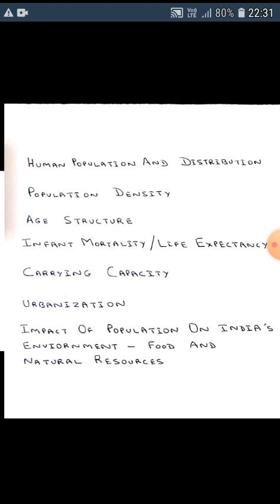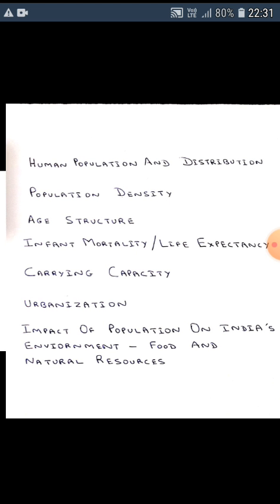Such a huge population has enormous demands for food, shelter, water, fuel, sanitation, etc., which in turn has an impact on the natural resources. The food grain production is unable to keep pace with our population explosion.